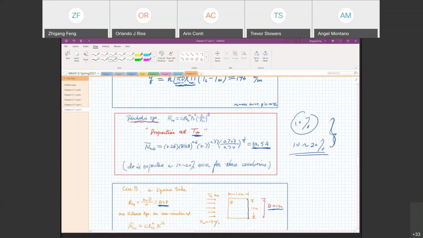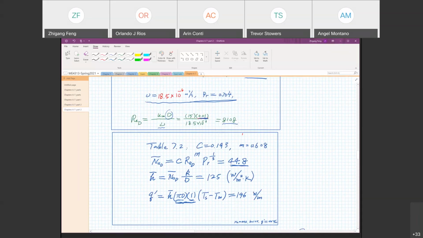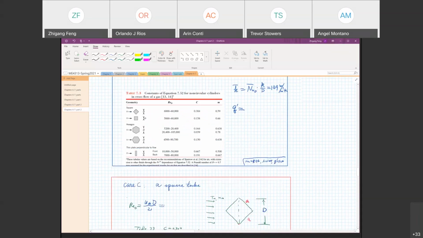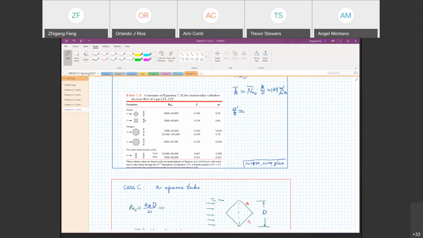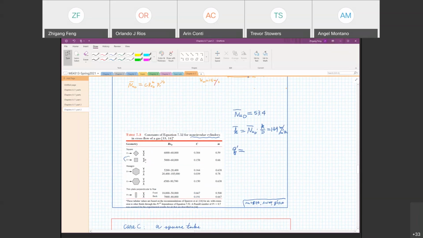And based on this Reynolds number, we go to a different table. This time, the table is 7.3 for non-circular cylinders. Since flow is perpendicular to the side surface, we pick this configuration, and the Reynolds number is within this range.